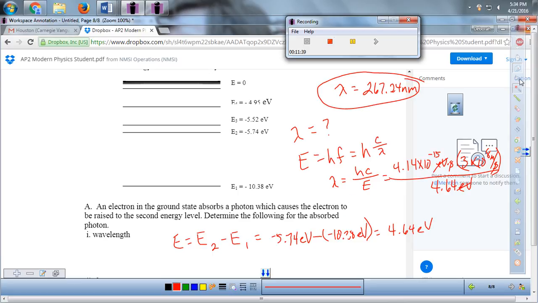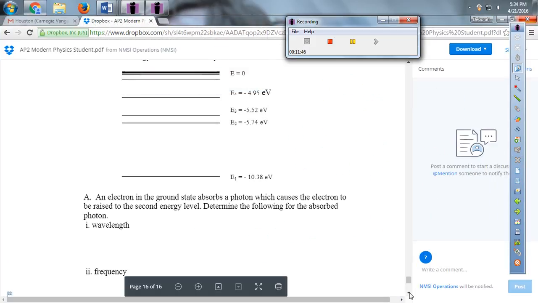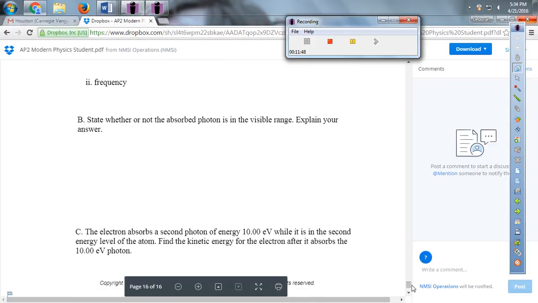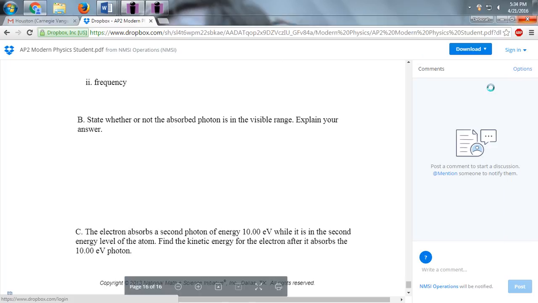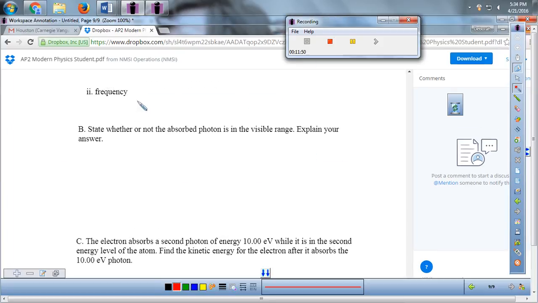Okay, so let's get to the rest of this. Oh, they wanted my frequency, so I could say my frequency is equal to C over lambda. And I already did that on this piece of paper, my apologies. 1.12 times 10 to the 15th hertz. All right.